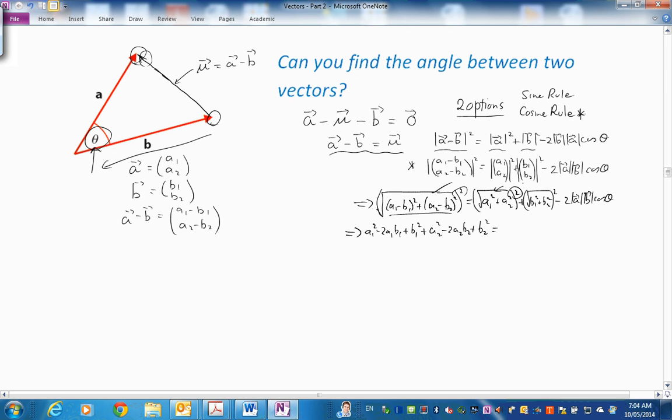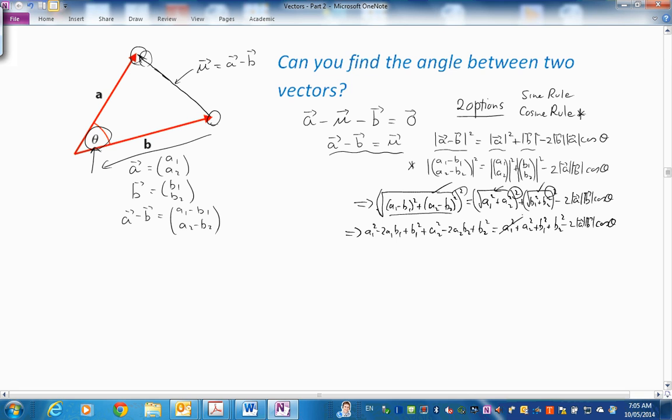The square of a square root is just the quantity, so let's write those down underneath here. And the same for this, square of a square root, B1 squared plus B2 squared, take 2 length, and cos theta. Oh, what do you notice?